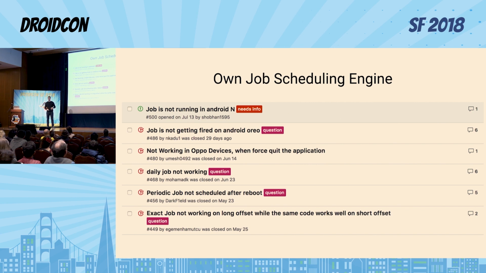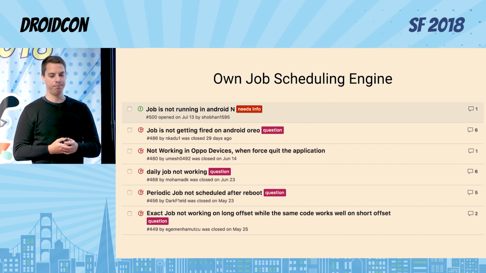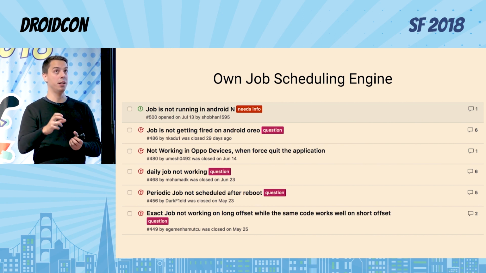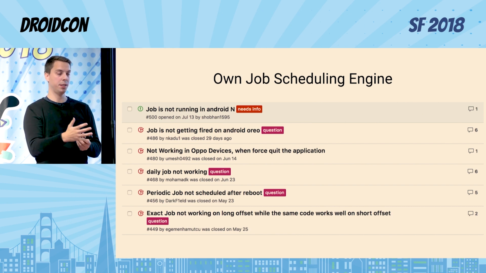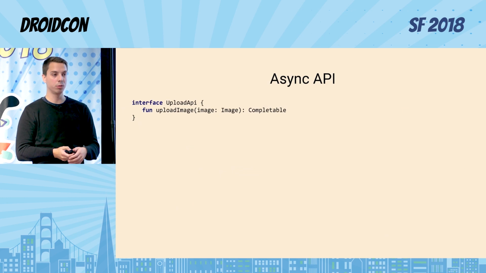And Google is aware of those issues, so they implemented workarounds inside of WorkManager, so they could fix this. But other than that, WorkManager also has its own job scheduling engine where it manually checks your workers and their constraints. And if the constraints are all met, then it manually launches your workers. And it doesn't necessarily need to rely on JobScheduler or AlarmManager. So they fixed all of those issues.